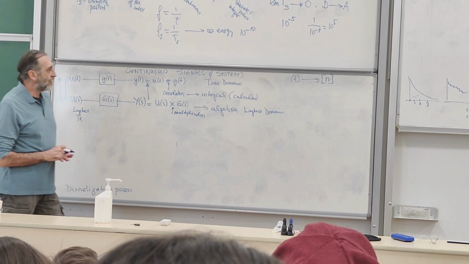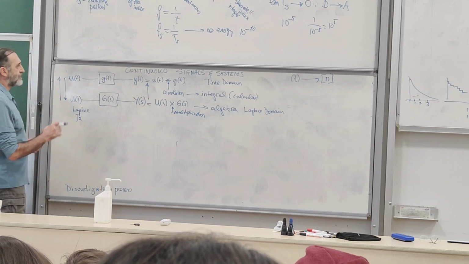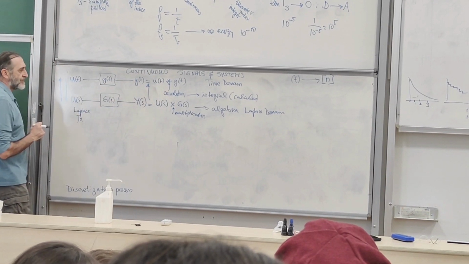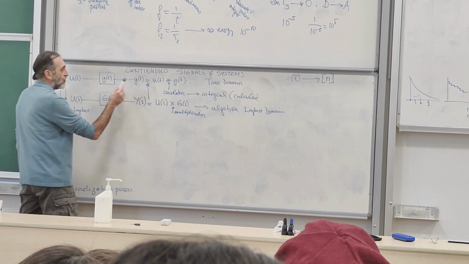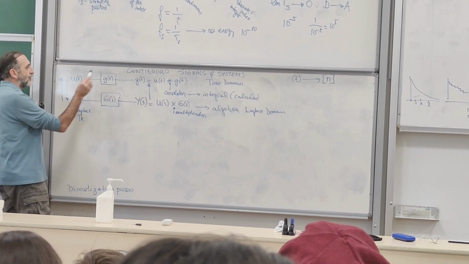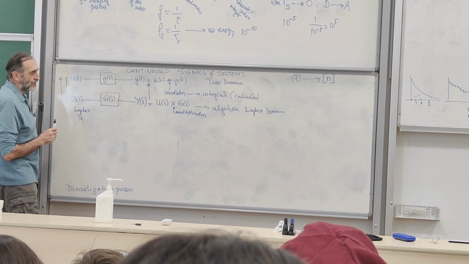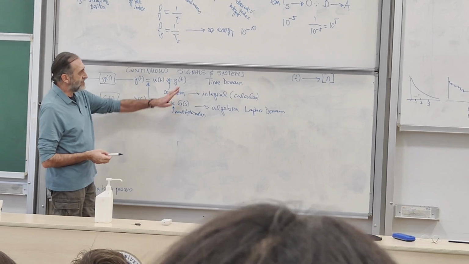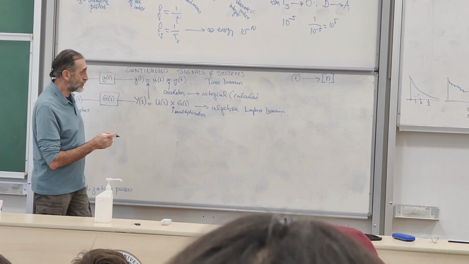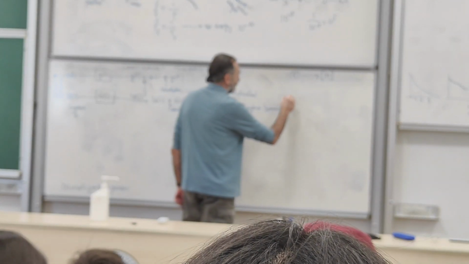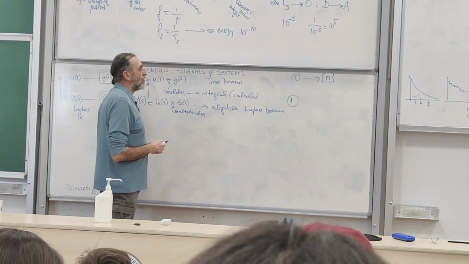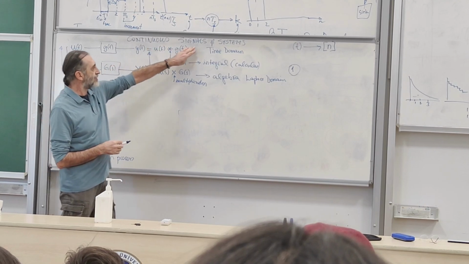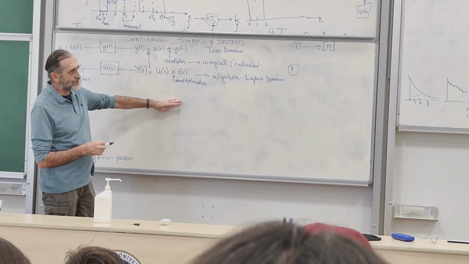So when we are in the time domain and we want to know the output of the system, we have to convolve the input with the impulse response of the system. In the Laplace domain, we just have to multiply. That's one. So we have to know what convolution is, both in continuous systems and in discrete systems.